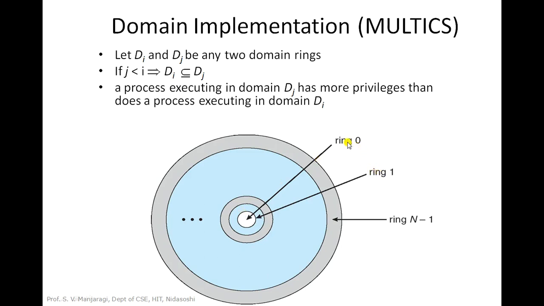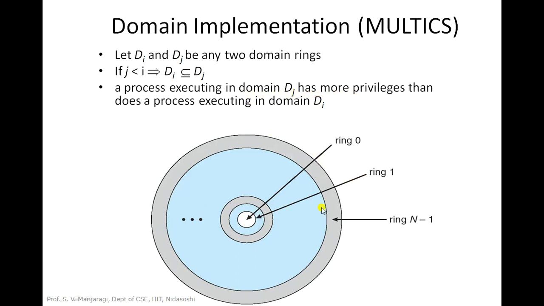So ring 0 is Dj, ring 1 is Di, and Di is a subset of Dj. A process which is executing in domain Dj has more privileges than does a process executing in domain Di.